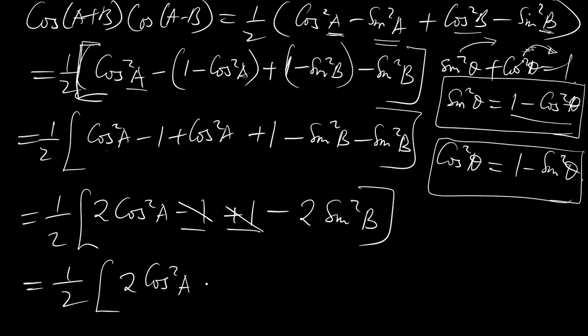What you have left is 2 cos square A minus 2 sine square B.